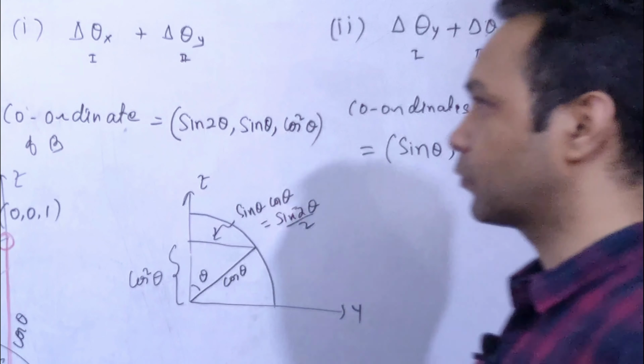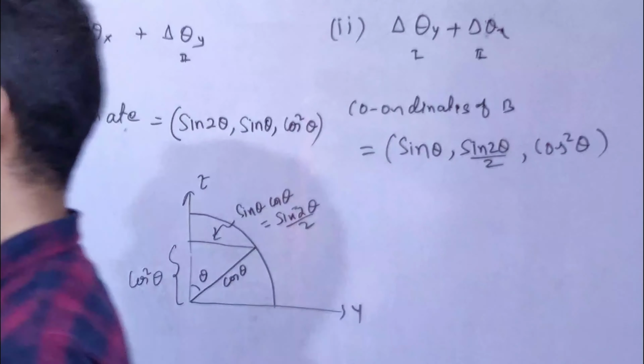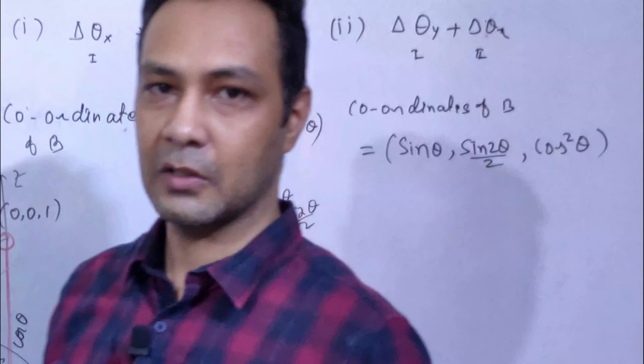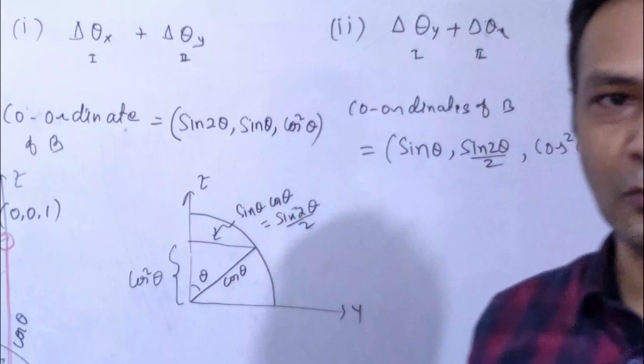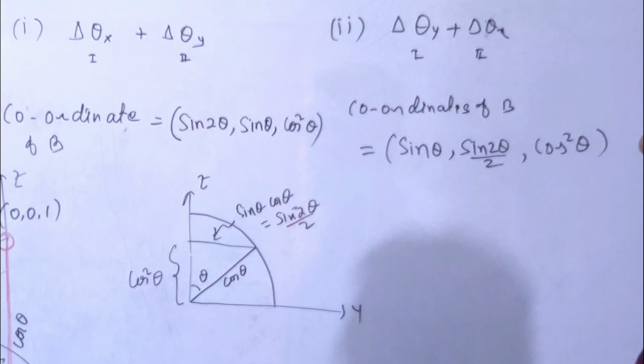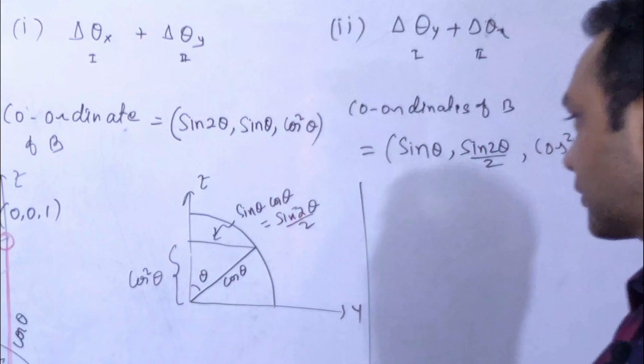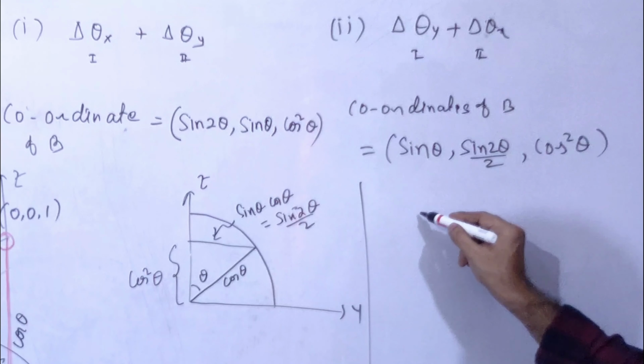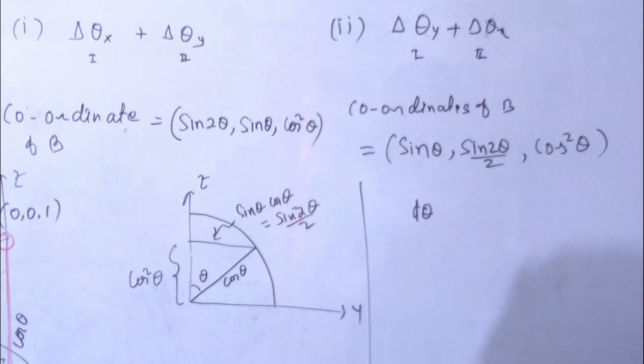So what we can conclude is that any finite angular rotation is not a vector, because they are not commutative. But what if theta is very small? Let's say the angular rotation, in place of theta, is just d theta.